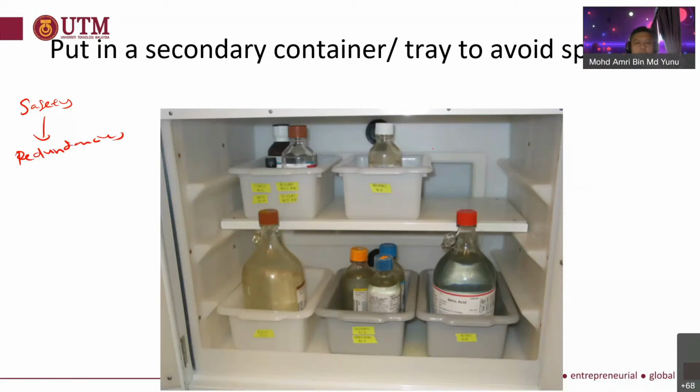If you do this in your fridge, it will not be that practical because it will take space. But in safety, redundancy sometimes is required. And yeah, budget is supposed not to be limited.